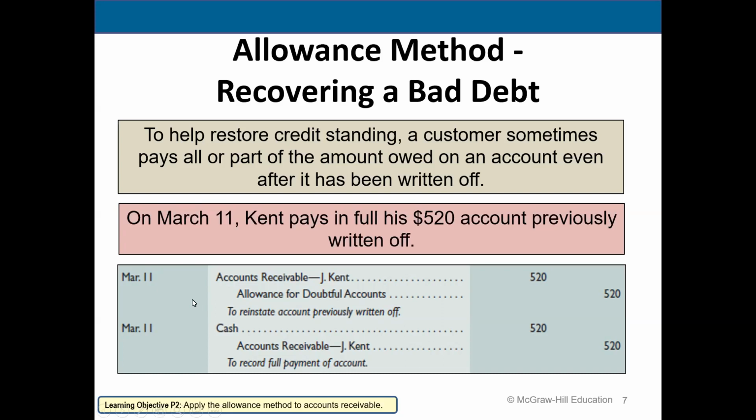So the first thing we have to do is reverse that entry that we made before. We're going to put it back in accounts receivable and put it back in our allowance for doubtful accounts. All we're doing is reversing the entry we made when we wrote it off. Now we can record the collection the way we always do. This is not new. We'll just debit cash, credit accounts receivable, just like we always have when we collect someone's money.